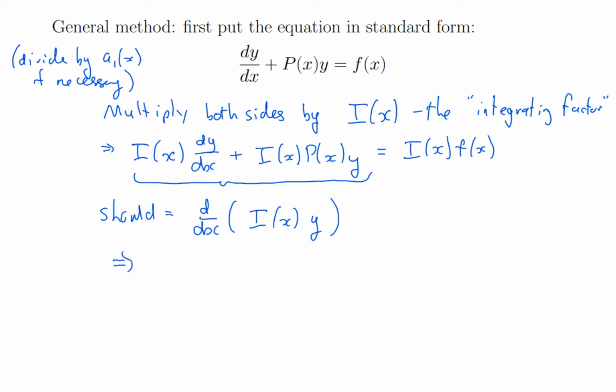And that means I must have the derivative of the first term times y must equal I of x. Whoopsie, didn't want a y there. What was I doing? Let's back up a step. This is I of x dy dx plus di dx times y, match terms.